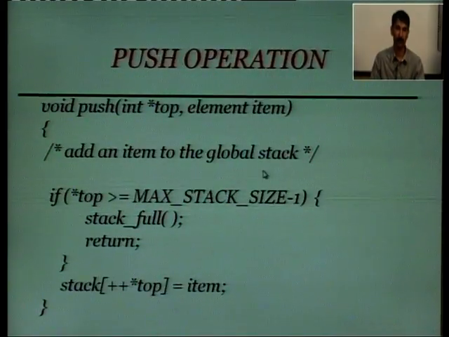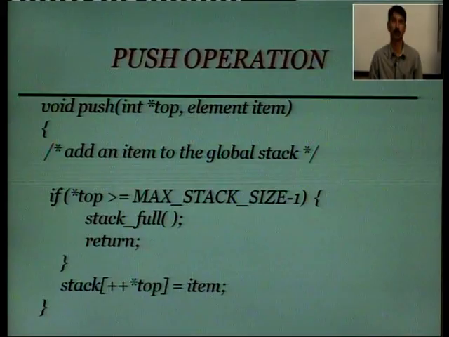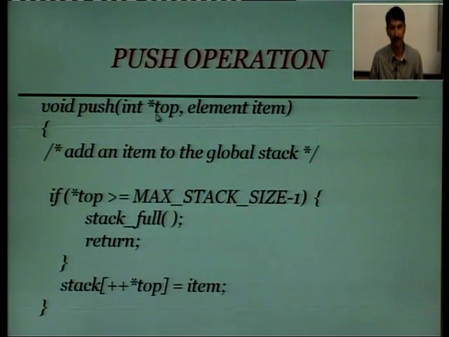Let us talk about the very first operation now, that is the push operation. Push takes int top, the index that keeps track of the topmost element, and the exact element that you want to push. These are the two arguments, and my purpose is to add an element to the global stack, which has already been declared globally.